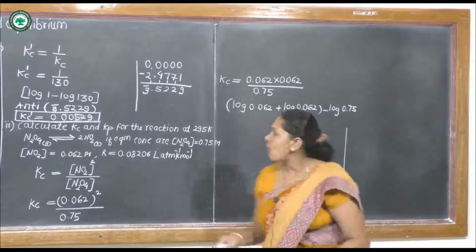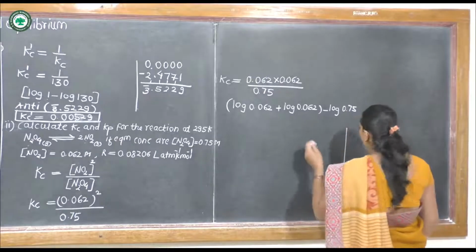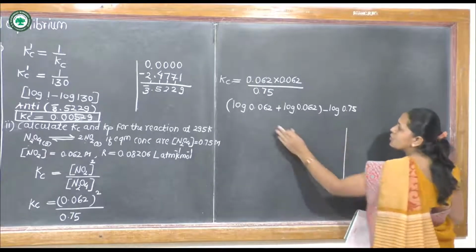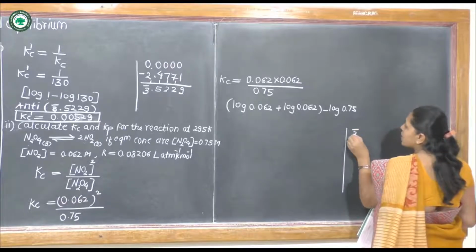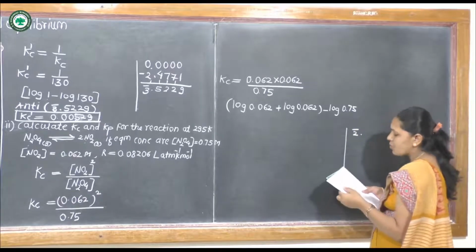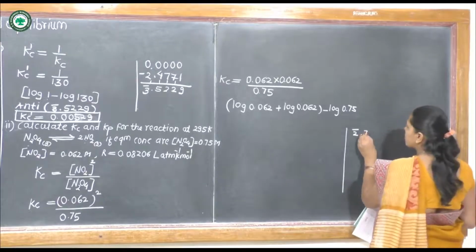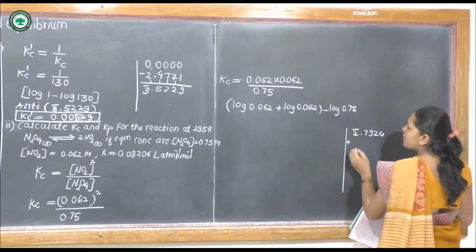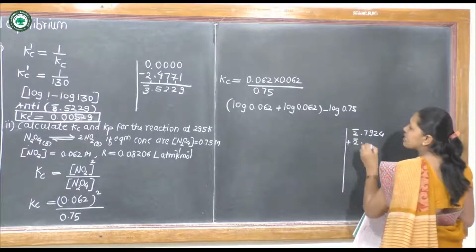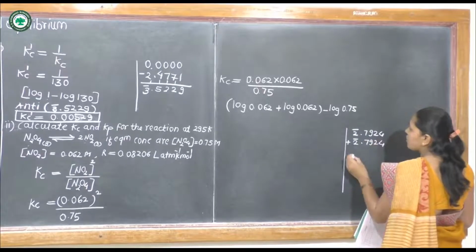write log of 62 into 0. Characteristic of 0.062 is bar 2, 62 0, 7924, plus again 0.062 characteristic is bar 2, 7924.